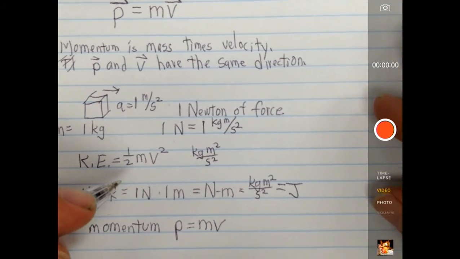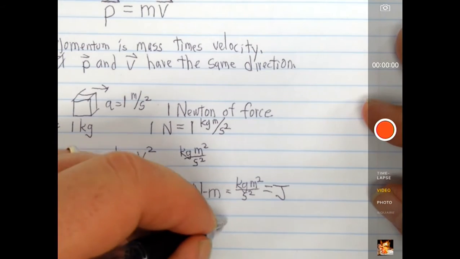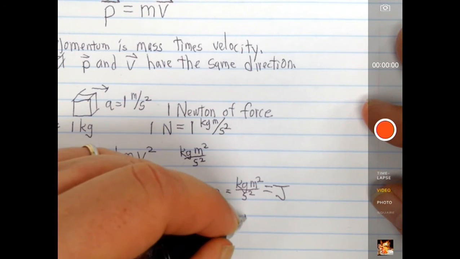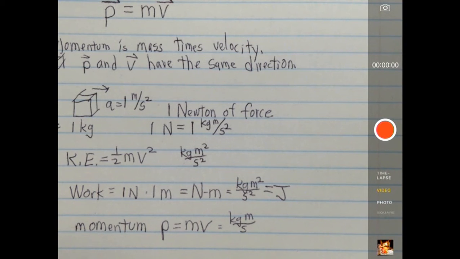So the units of momentum, crazy enough, well, not crazy, are kilograms meters per second. Yowzers. They all look pretty similar, but they're not the same thing.